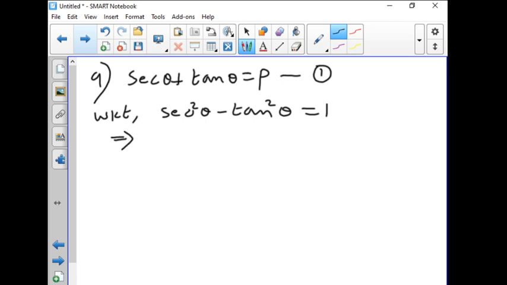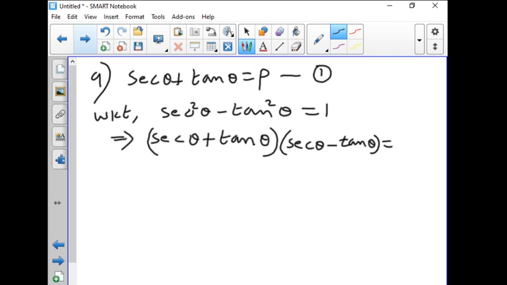So this is of the form a square minus b square, so we can write it as a plus b into a minus b. So secant theta plus tan theta into secant theta minus tan theta is equal to 1. Now what is secant theta plus tan theta? P. So P into secant theta minus tan theta is equal to 1.